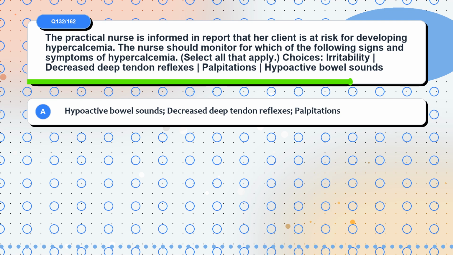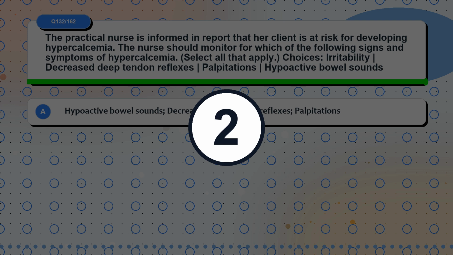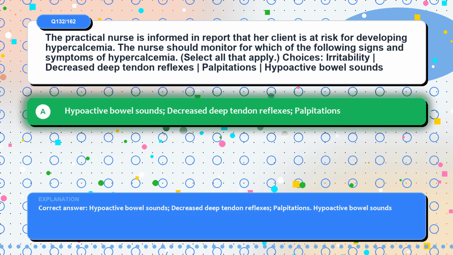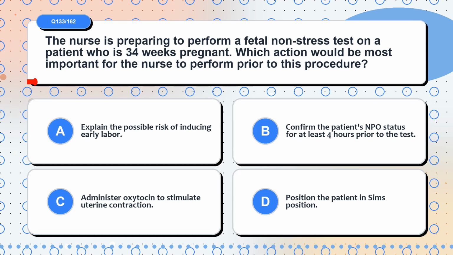Option A: hypoactive bowel sounds, decreased deep tendon reflexes, palpitations. The correct answer is option A. Hypoactive bowel sounds, decreased deep tendon reflexes, palpitations.